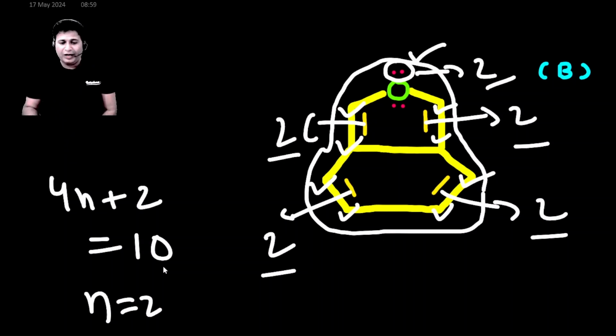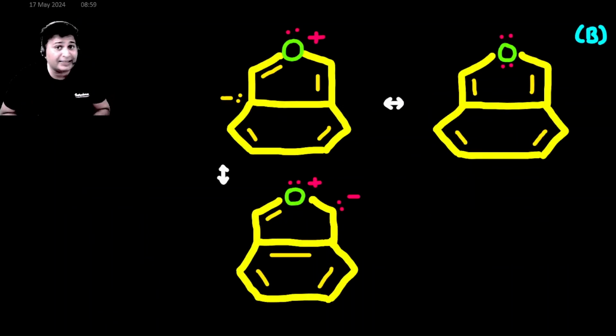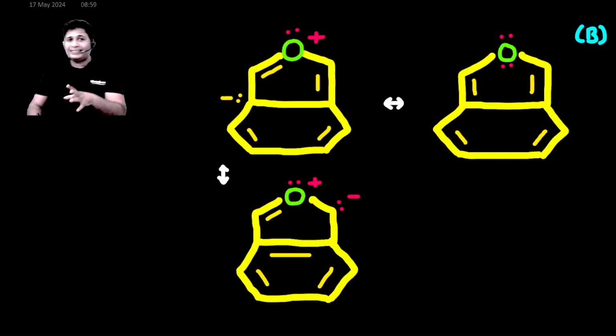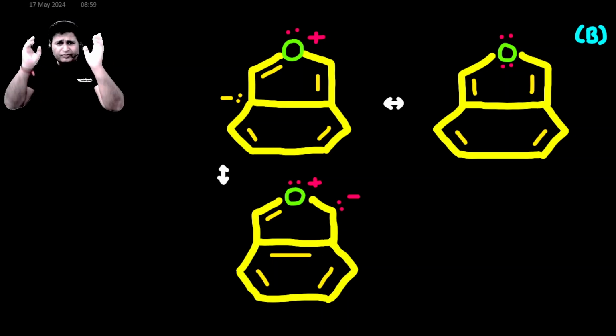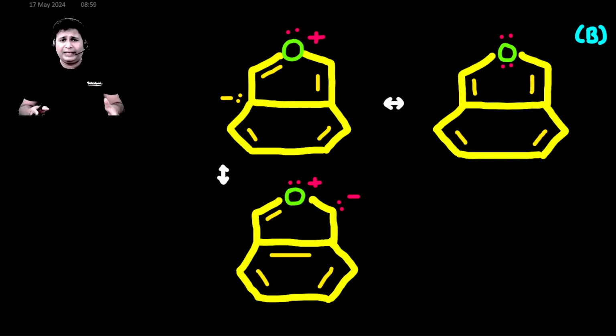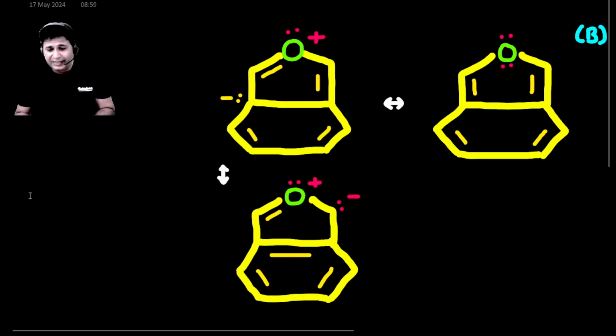So 2 you have got till this point. Now let us try to see what next. For the next, I have shifted the electrons to make some proper resonating structure so that it can give a glimpse of whether any other aromatic ring is possible.